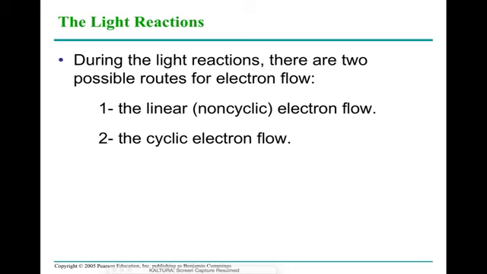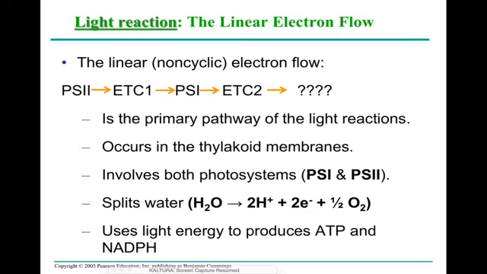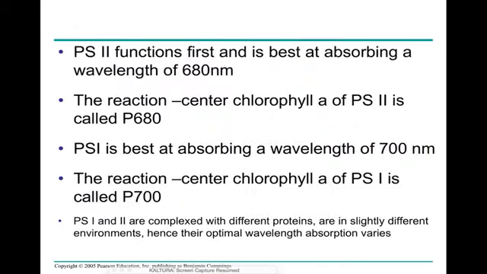Light reactions are of two types, linear and cyclic. Linear is the one that we just went over in the drawing that I asked you to draw for extra credit. Remember this path of electrons. So let me show you where exactly they are, okay?